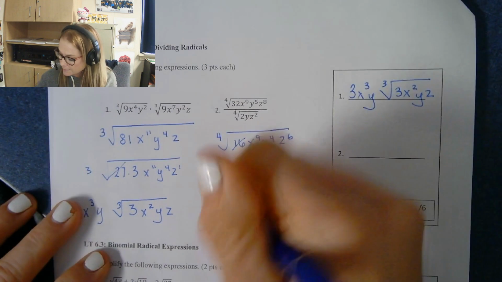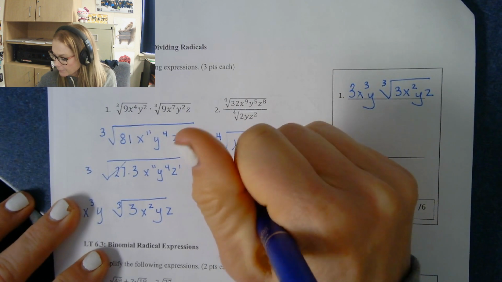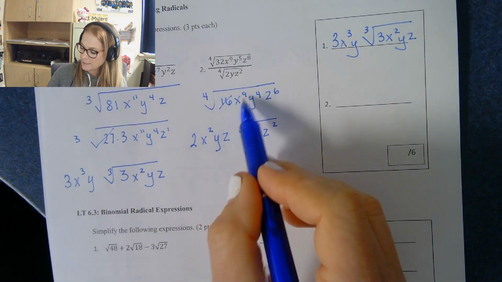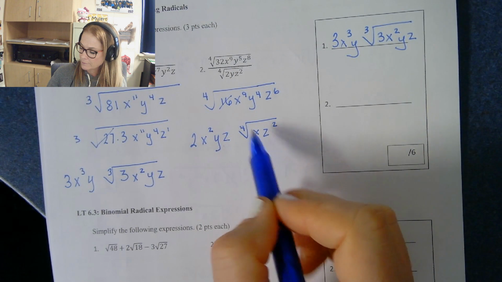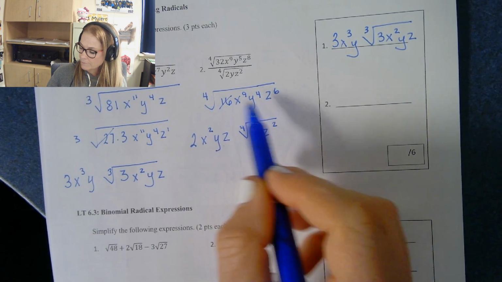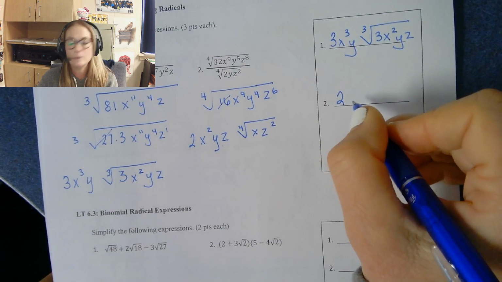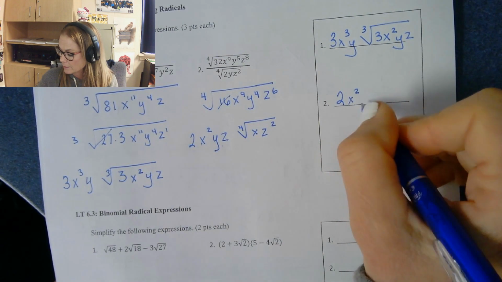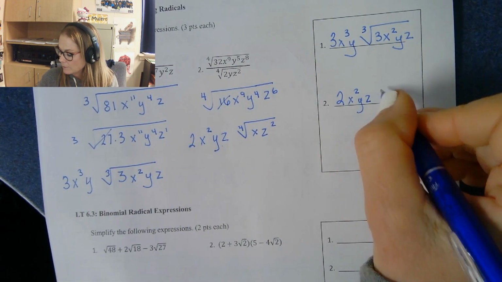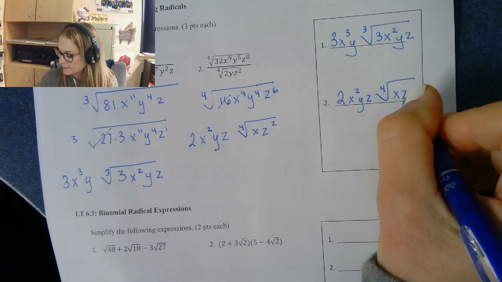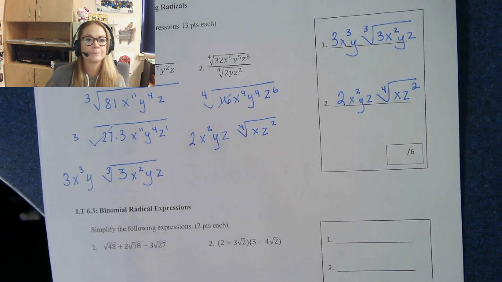Got tongue-tied on that one. Okay, so 4th root of 16 is 2. 4 goes into 9 2 times with 1 left over. 4 goes into 4 one time. 4 goes into 6 one time with 2 left over. So this final is 2x squared y z, 4th root of x z squared.